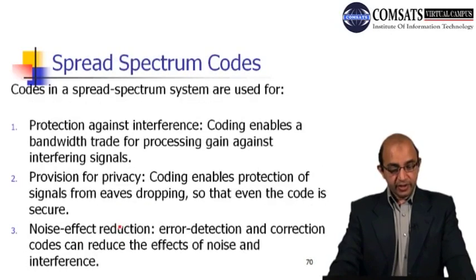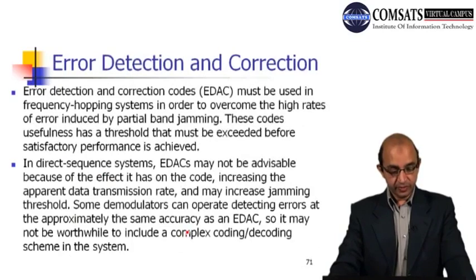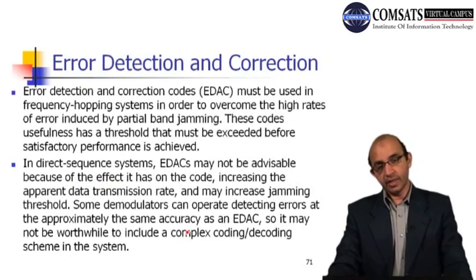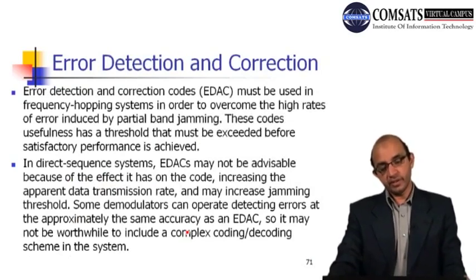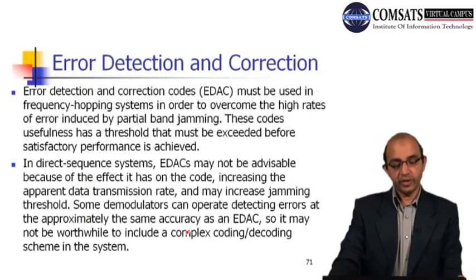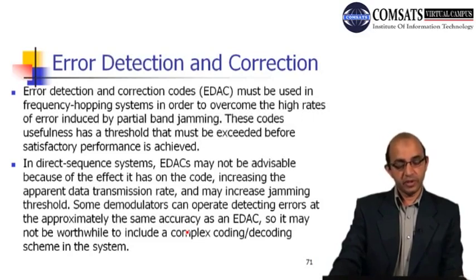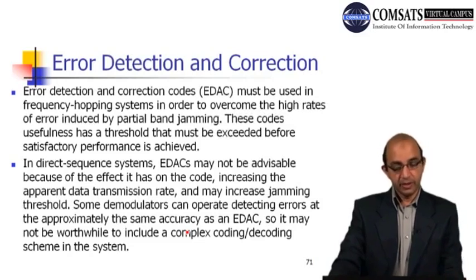Okay, we have different coding techniques, right? Codes in a spread spectrum system are used for protection against interference and for provision of privacy and noise effect reduction. As we know, errors have to be there. We can have errors when we are transmitting data from transmitter to receiver, so there should be some error detection and correction mechanism, right?